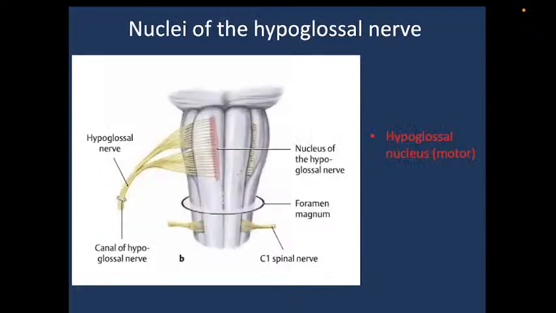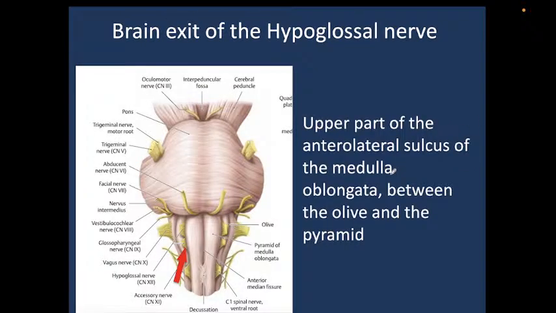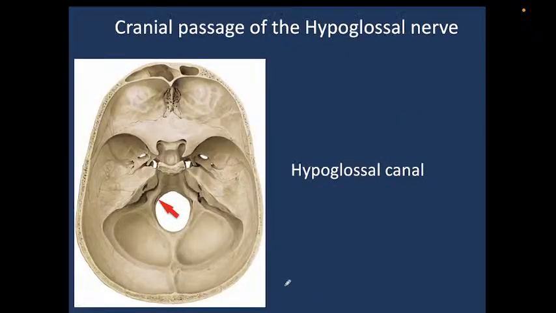You see the nucleus, only one nucleus, located in the medulla oblongata and called the hypoglossal nucleus. This is the exit of the hypoglossal nerve from the brain, the exit point of this nerve, and this sulcus is called the ventral or anterolateral sulcus.